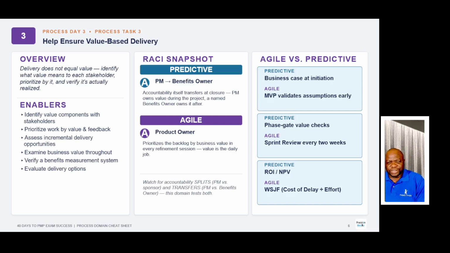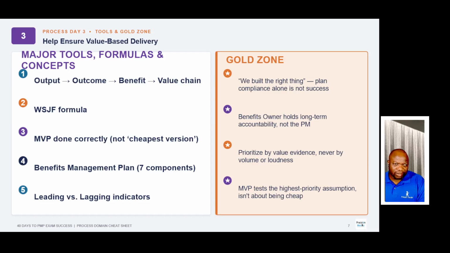Make sure as much as possible you deliver that incrementally if you can. You got to understand terms like ROI, NPV, weighted shortest job first helps with the mindedness for some questions. And just know that the product owner prioritizes the backlog. Know the major ideas behind MVP, minimum viable product.